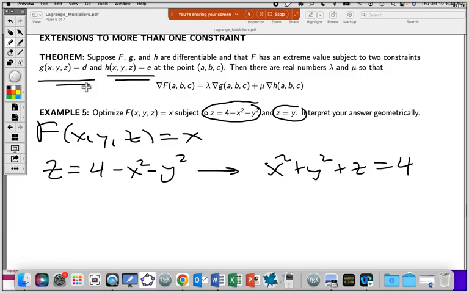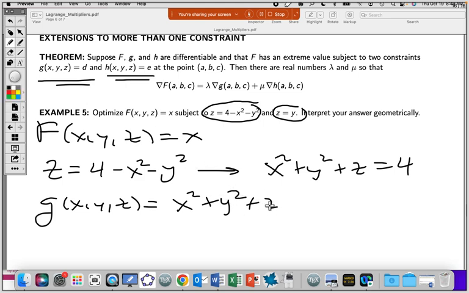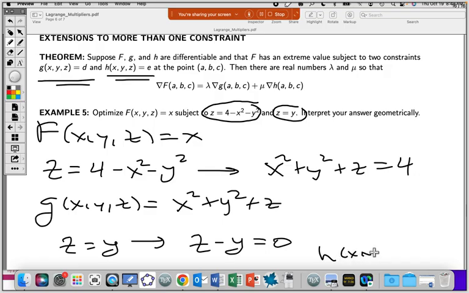Because once again, I want to look at this constraint as being the level surface of a function of three variables. So we could take our g to be this. And we got our z equals y. There's a couple different ways we could get all the letters on one side there. So we could take our h of x, y, z to be z minus y.